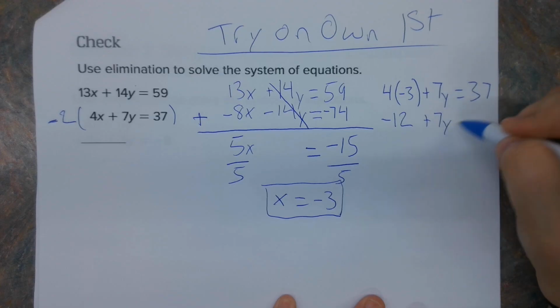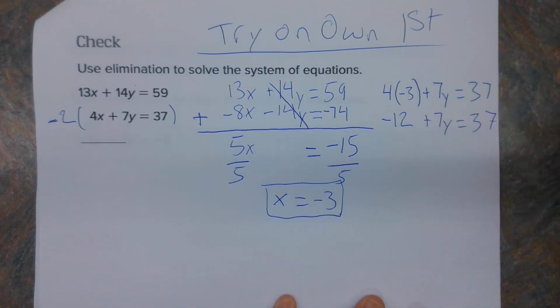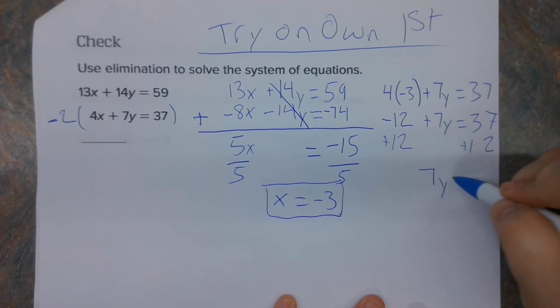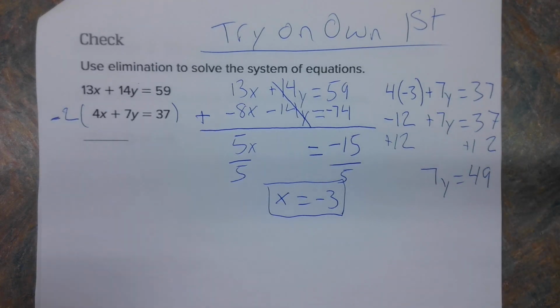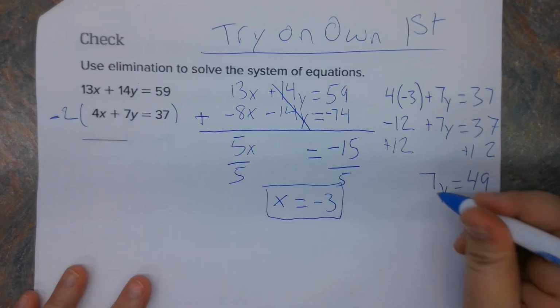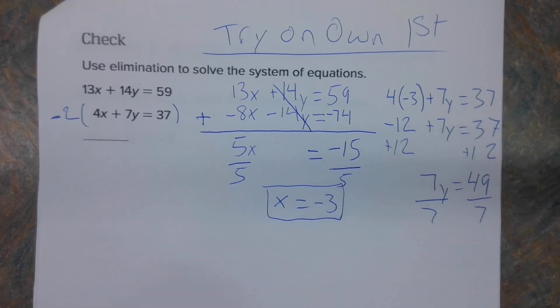Bring everything else down. I'm going to add 12 because I need to get this y by itself. So I have 7y equals 49. And then 49 divided by 7 is 7.